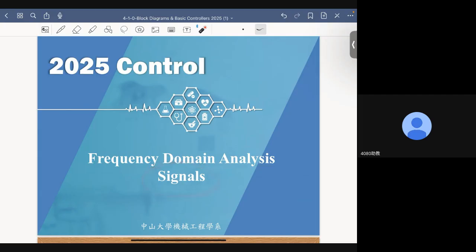The second part is frequency domain analysis for systems, because a control system is made of the system itself as well as input and output. And the input and output of a system are always signals, and typically signals are functions of real time.